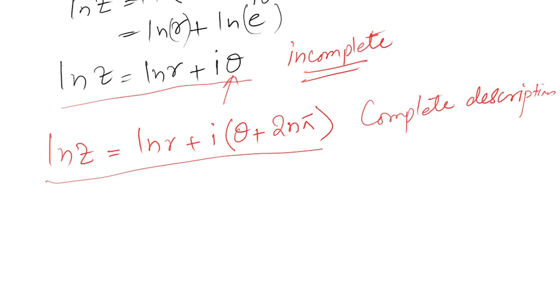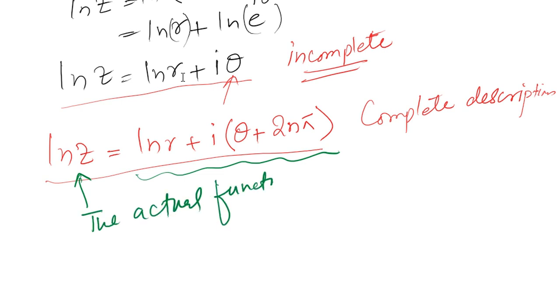And what we have written on top here is just one value of this function. So the actual function log of z, this thing that we have mentioned here, is multi-valued, meaning that it has very many values.